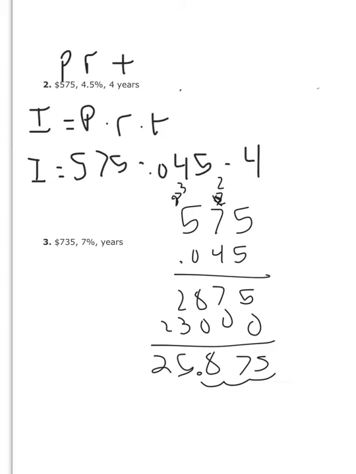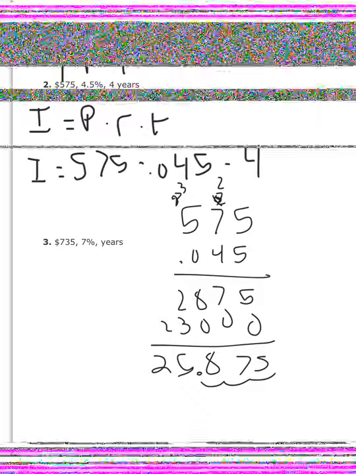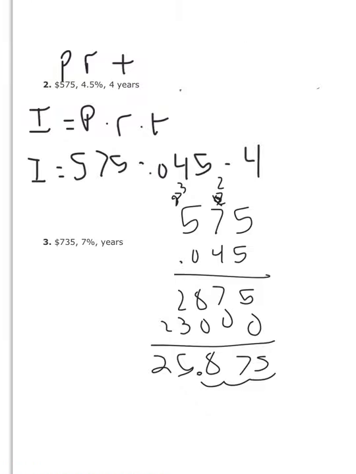Once we multiply 575 times 0.045, we would get 25.875. You have to move the decimal over 3 spots in this instance. Now we have 25.875, and we have to multiply that by 4.